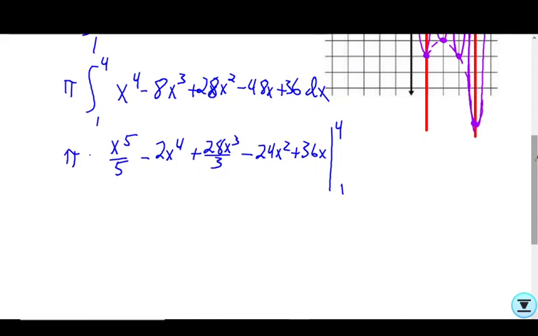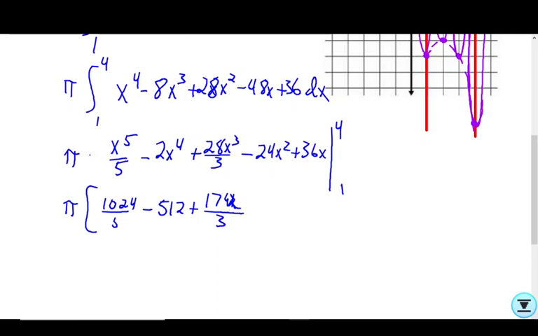So when we plug in, got this pi hanging out here, and it's going to be 24 over 5 plus, minus, I almost messed that up, minus 512 plus 1792 over 3.